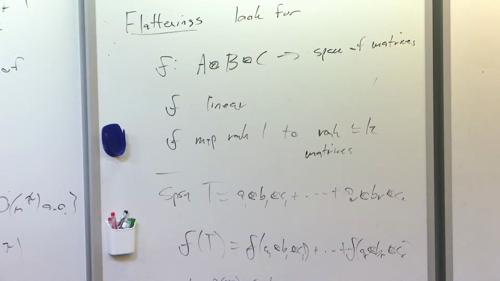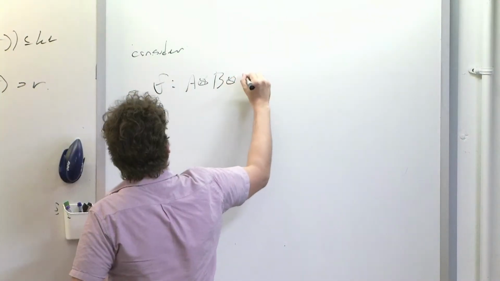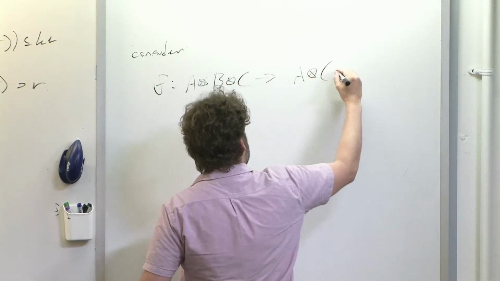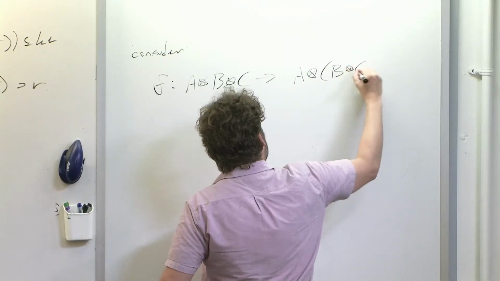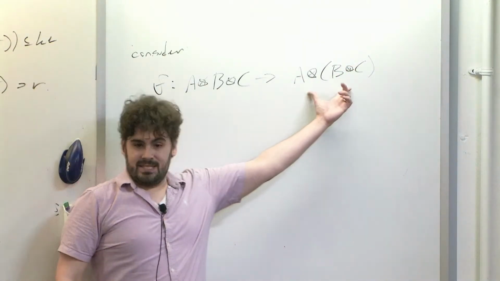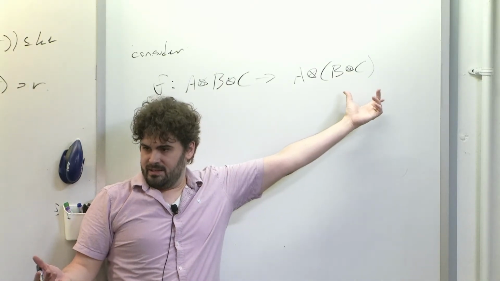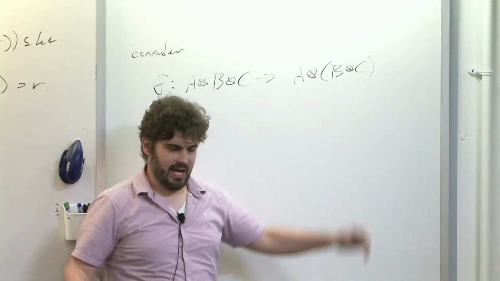The very first thing we should consider is F from A tensor B tensor C to, I'll write it suggestively like this, A tensor B tensor C. So this is a matrix space. I'm just by force thinking about the second two factors as being just one factor.